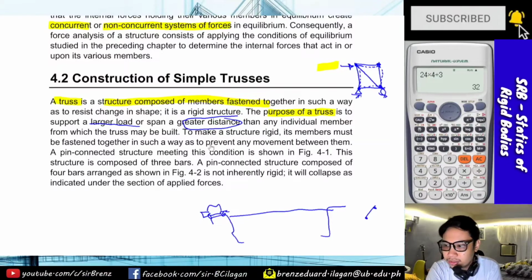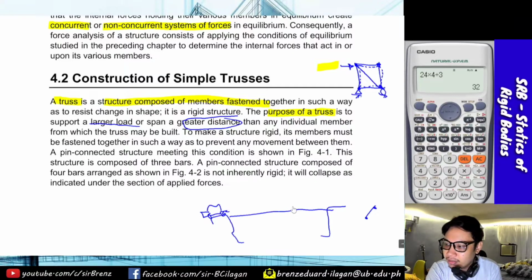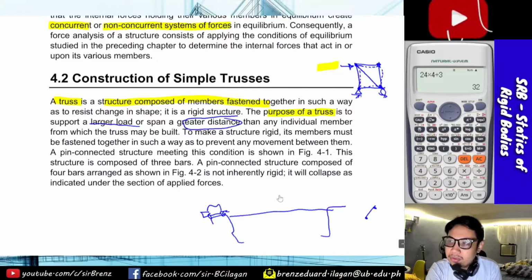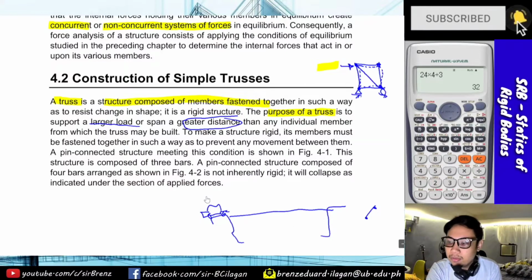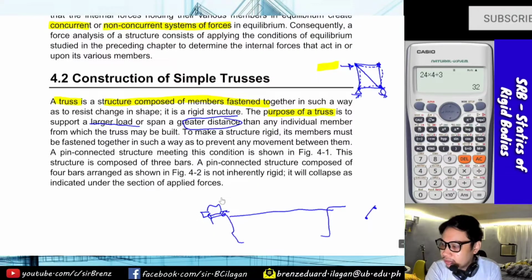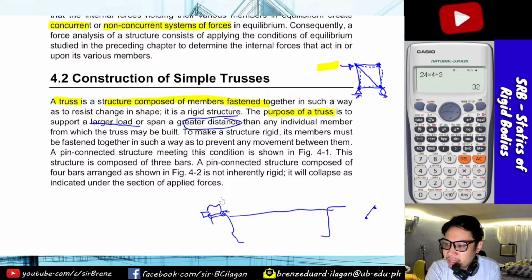Habang dumadaan yung sasakyan, syempre, iba't ibang member yung makaka-experience ng ganun. And from that, aalamin mo kung aling member doon yung naka-experience ng greatest amount of load. So, parang doon mo ibabase yung magiging material, kung anong size nito, and kung anong section niya.